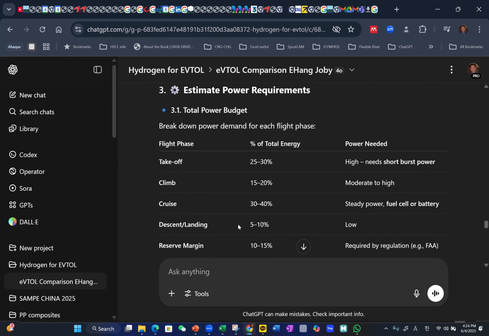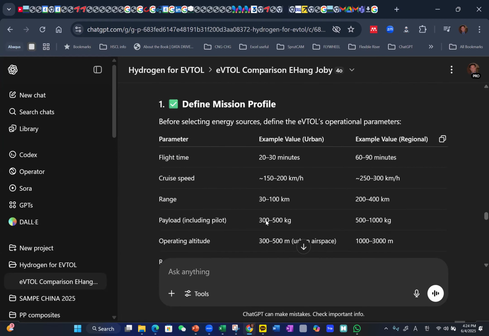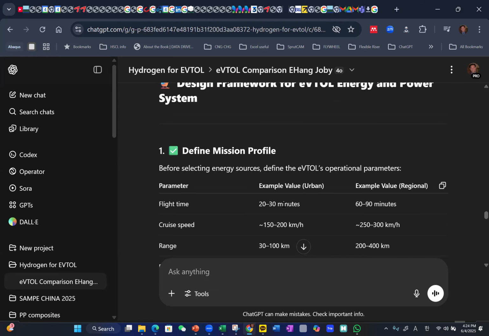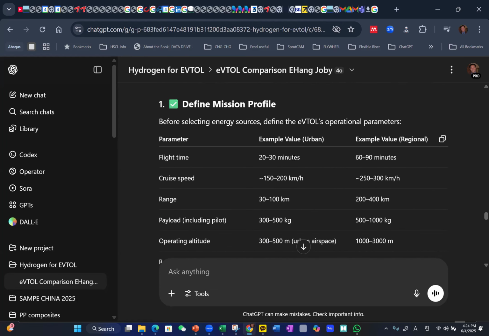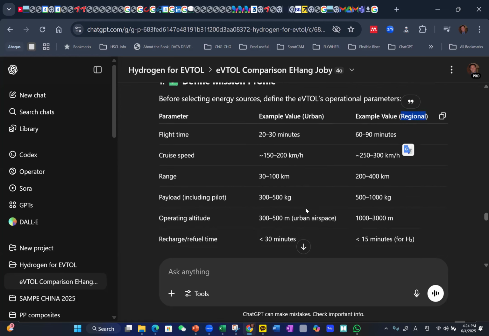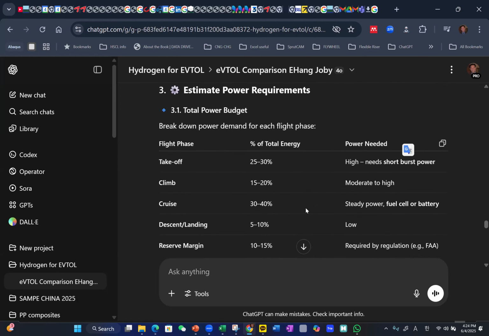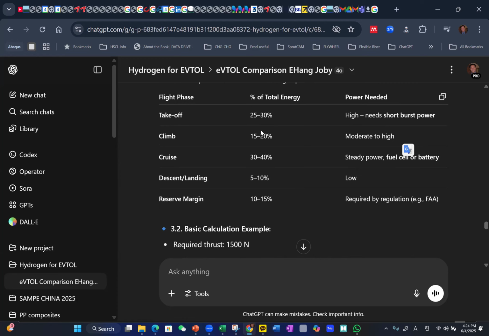So this has to be defined, and it depends on your flight, your purpose for the eVTOLs. It's going to be urban uses or regional uses. So you can estimate, and now you need to define values for each, assuming the conditions, the flight phase, and power needed.